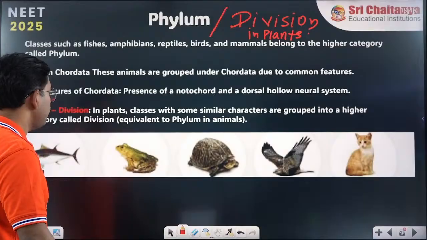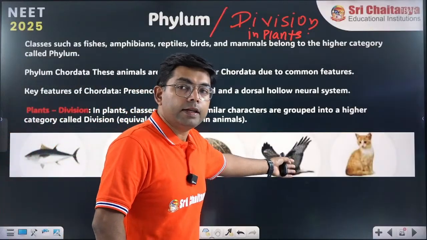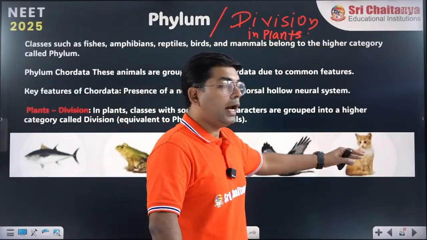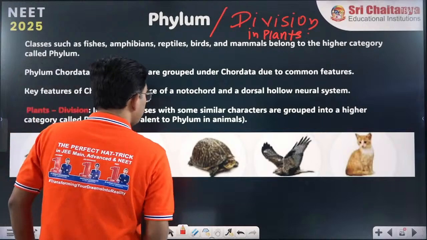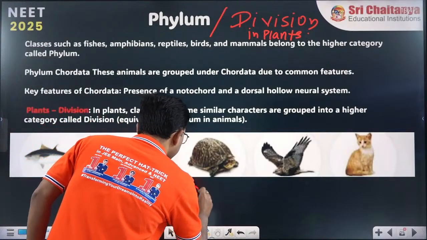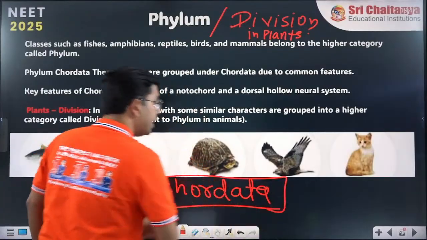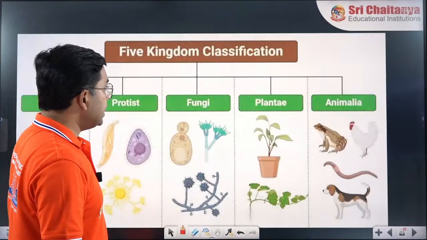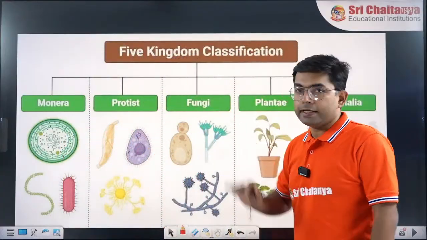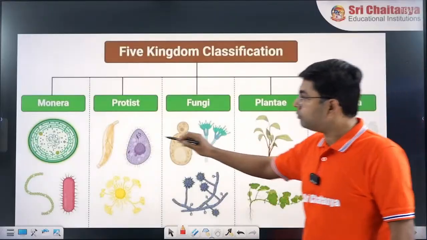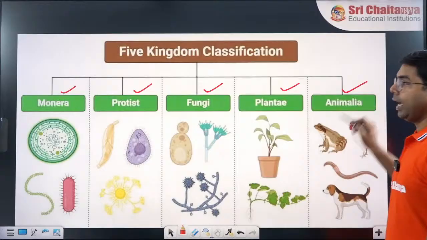As you can see, fish, amphibians, reptiles, then birds and mammals, all these classes belong to which phylum? That is Chordata. And lastly, all these phyla together will form kingdom. So there are a total of 5 kingdoms: Monera, Protista, Fungi, Plantae and Animalia.